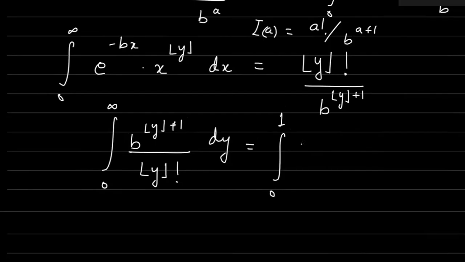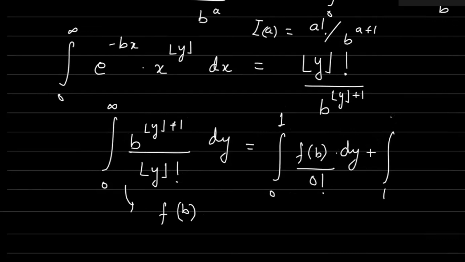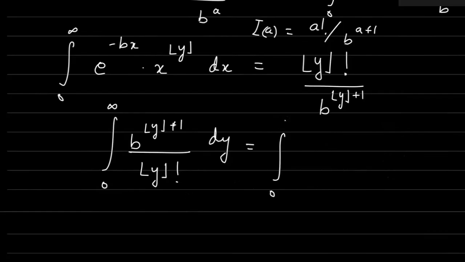So this whole thing, maybe I'll write directly. For y from 0 to 1, floor y factorial will become 0 factorial, so it will become b to the power 1 by 0 factorial dy.